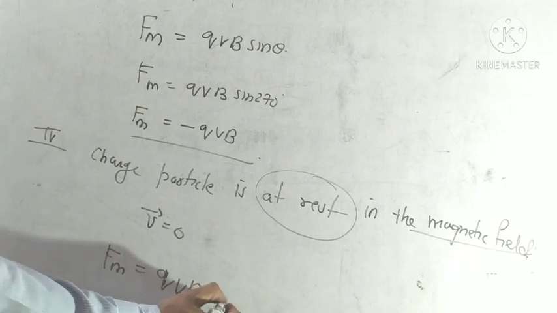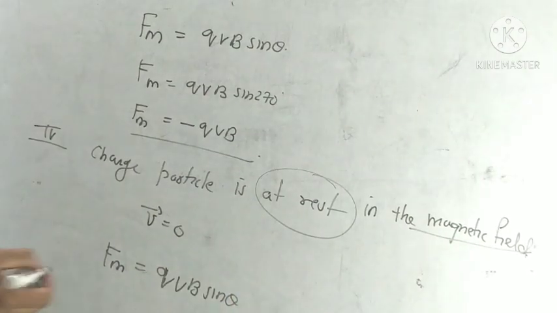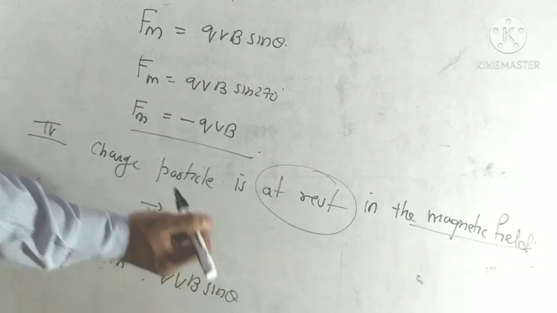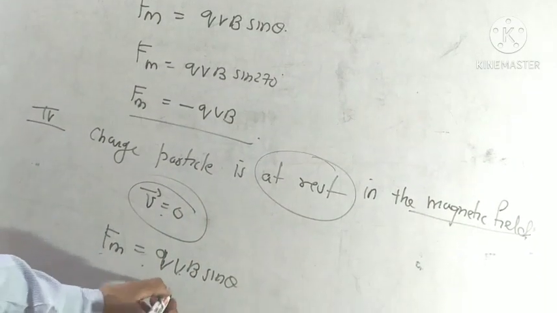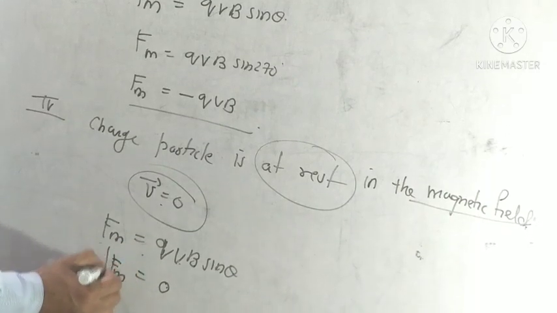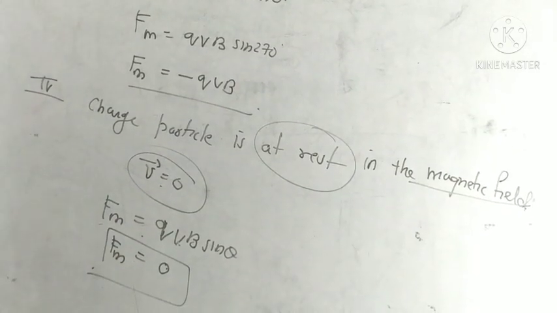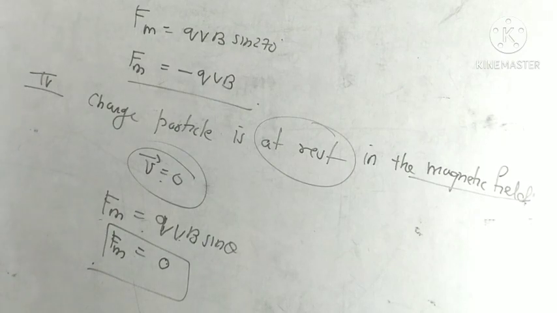The formula of magnetic force is QVB sin theta, but V is equal to 0 here. We put this value here, and finally it becomes 0. Here no magnetic force is experienced by the charge when it is at rest.